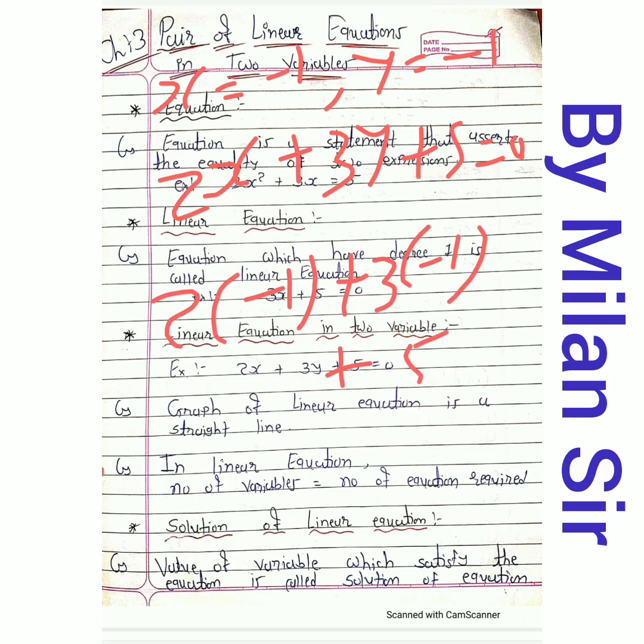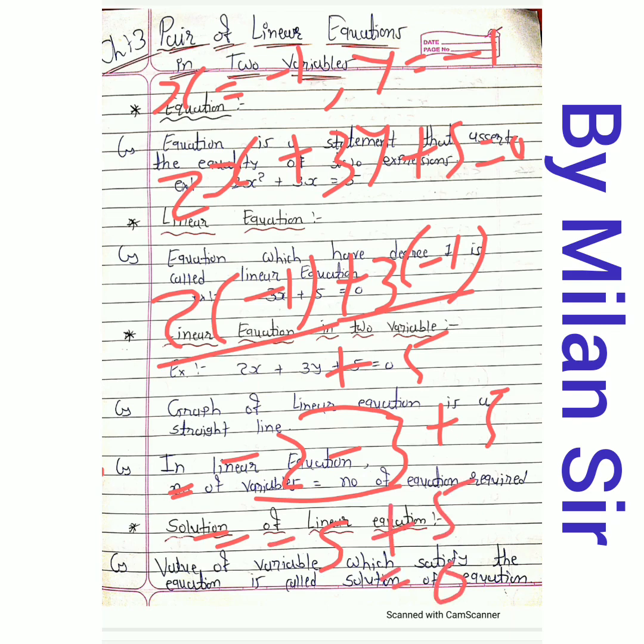Here 2 times 1 is 2, with minus sign minus 2, 3 times 1 is 3 with minus sign minus 3, plus 5. Minus 2 minus 3 is minus 5, minus 5 plus 5 is 0. So this value, that means x is equals to minus 1 and y is equals to minus 1, satisfies the equation, satisfies the right hand side. That's why this is called the solution of the linear equation.